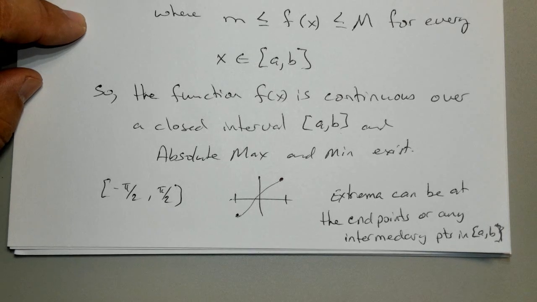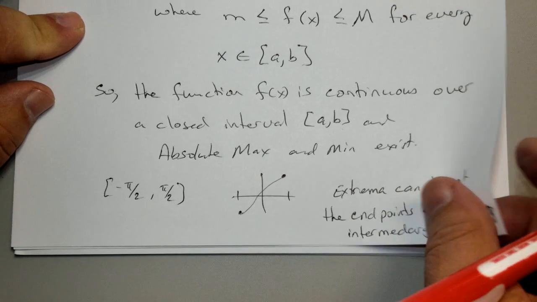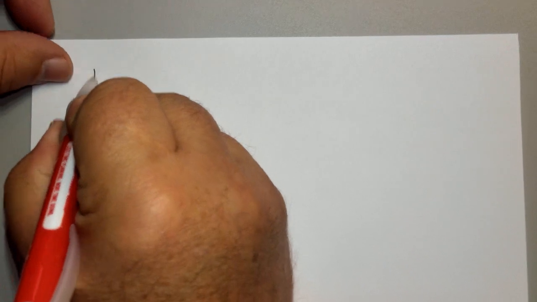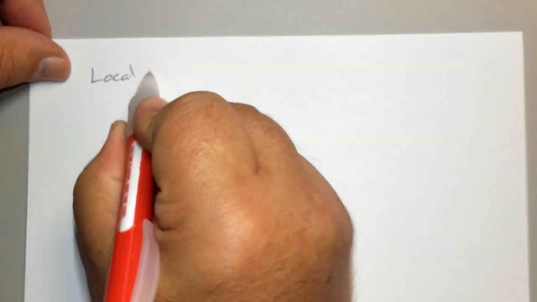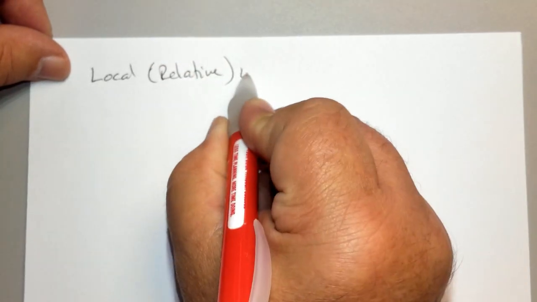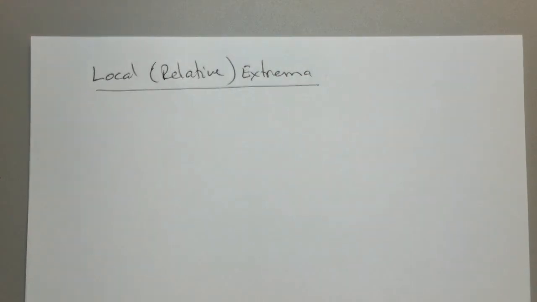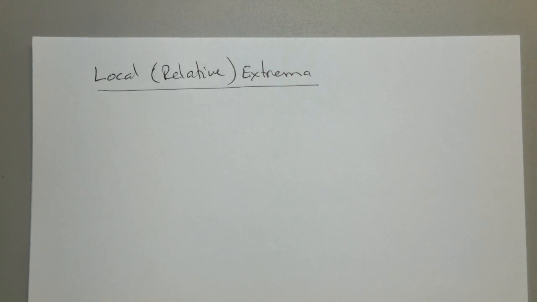So that's discussing absolute extrema. Now we're going to look at local extrema, or what's called relative extrema. What do you think this one talks about?